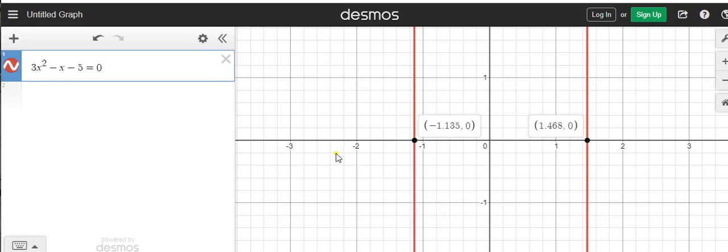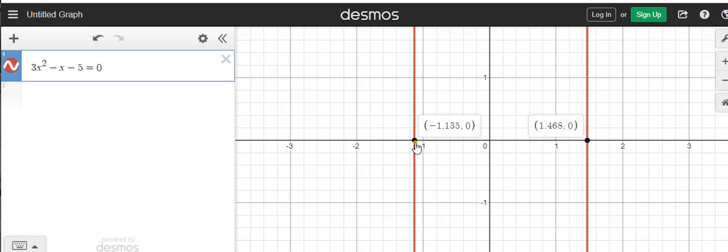So now we want to find when this is greater than or equal to 0. So when is y greater than or equal to 0? That's when x is less than negative 1.135, because the y values are positive over here.